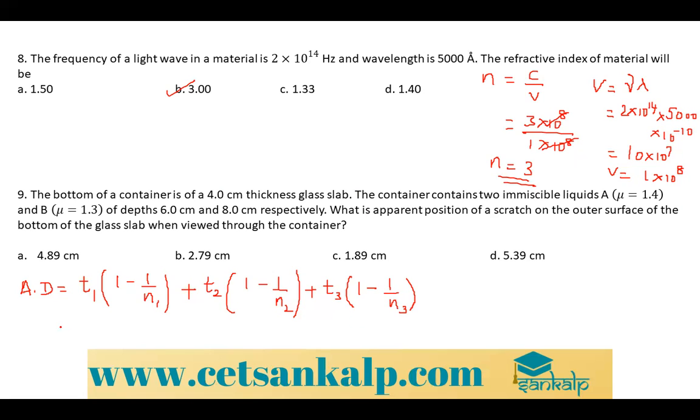Now the first thickness is 4, 1 minus 1 by 1.5 for glass first, plus next thickness 6, 1 minus 1 by 1.4, plus 8, 1 minus 1 by 1.3.